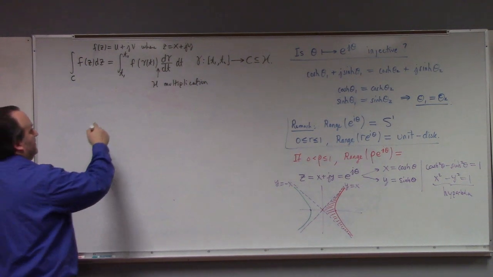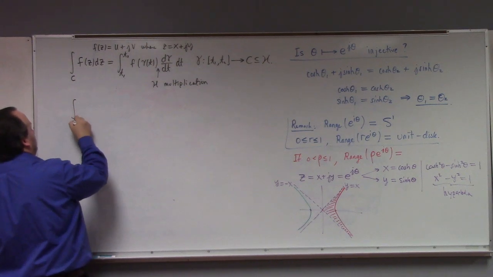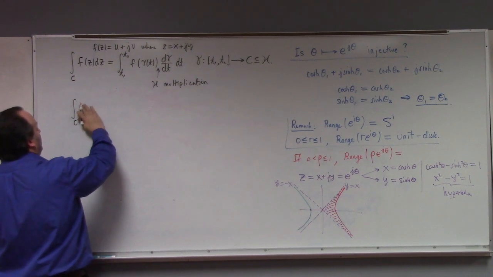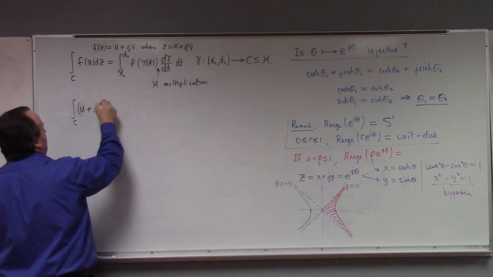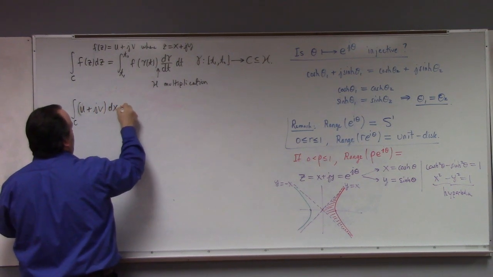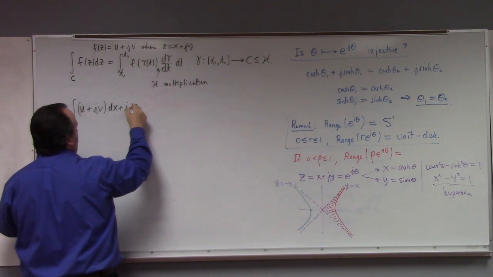See, because we can also say this using the same identifications that we did before. What do you think (u plus jv) times (dx plus j dy), how's that going to work out?